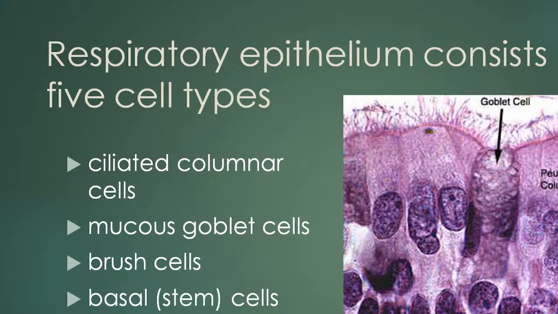So they provide regeneration of the epithelium. And we have small granule cells in the respiratory epithelium too, which have numerous granules, and these cells constitute a population of cells of the diffuse neuroendocrine system. So these are endocrine cells or small granule cells.